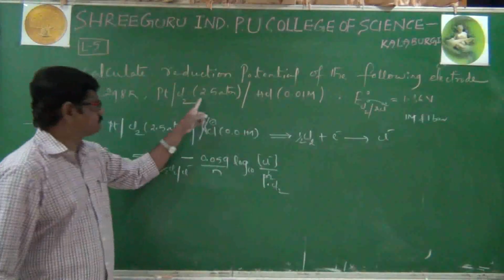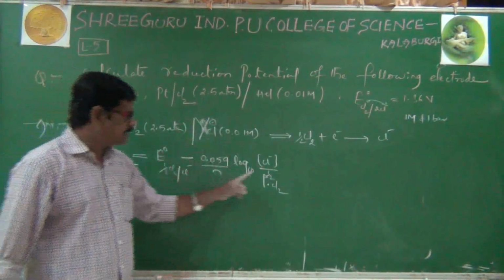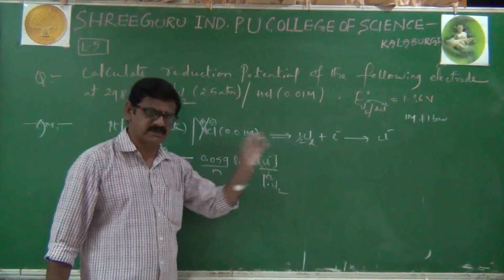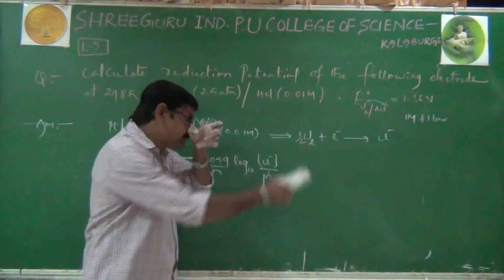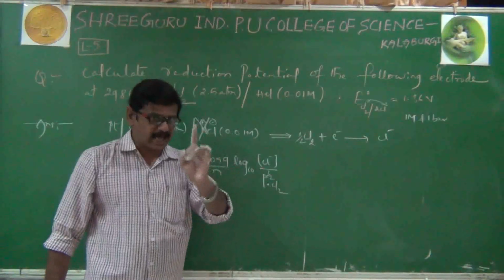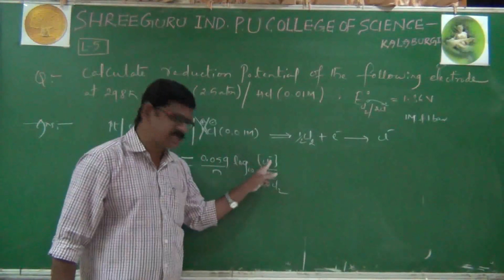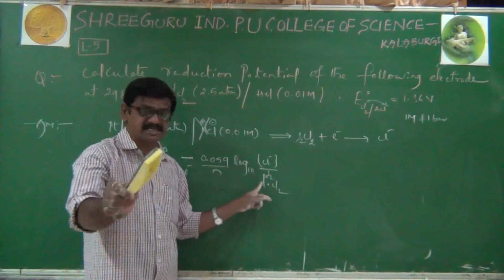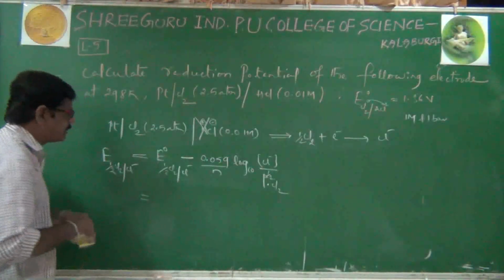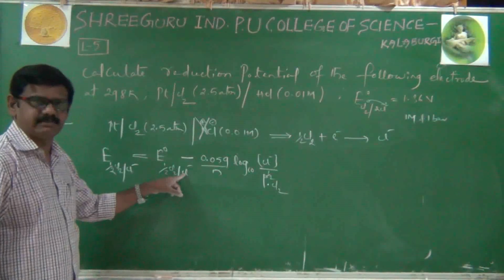Its pressure already given 2.5 atmospheres and P to the power of 1 by 2 we are writing. Why? Because here it is a half mole. It's very important point here. Whatever the stoichiometric coefficients are there, that coefficient we have to write as a power. It may be concentration term, it may be pressure term, doesn't matter. Okay. Equal to E naught half Cl2 oblique Cl minus.